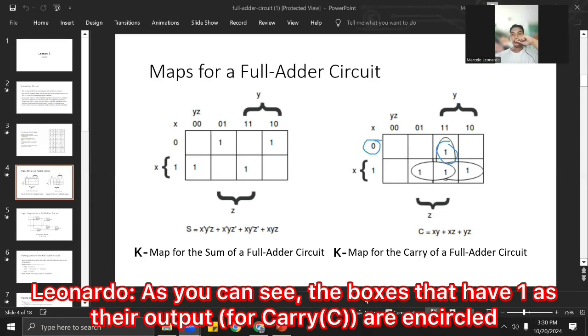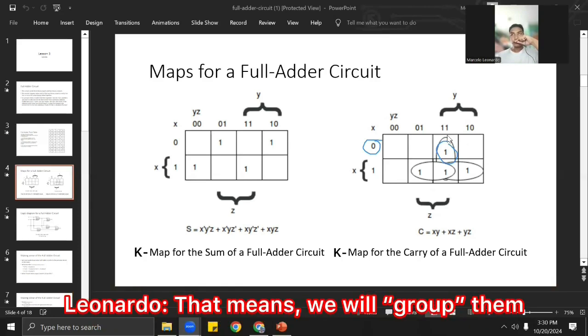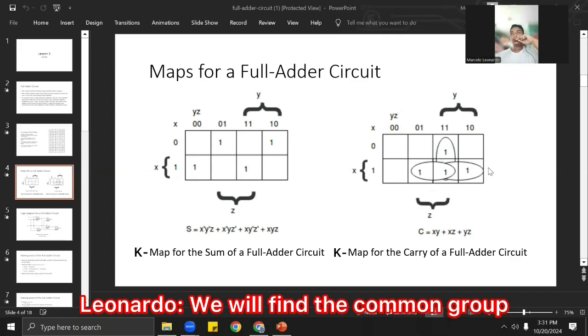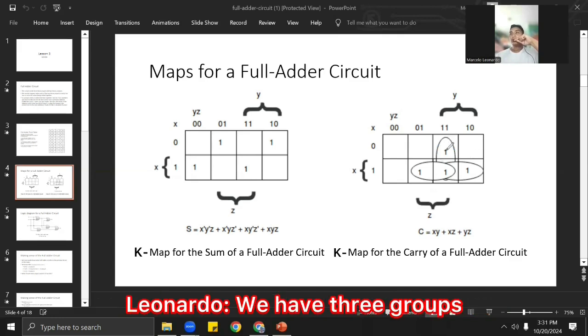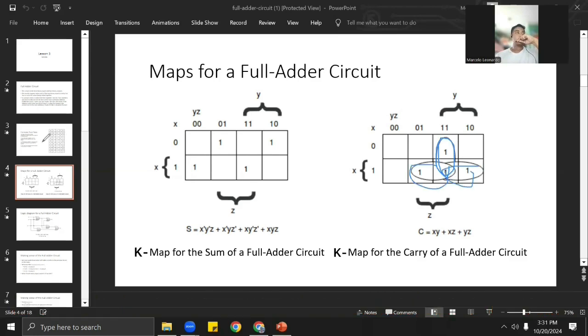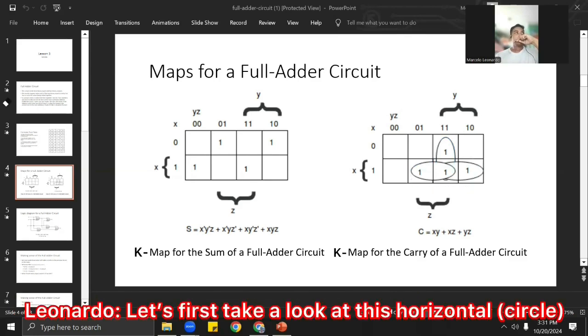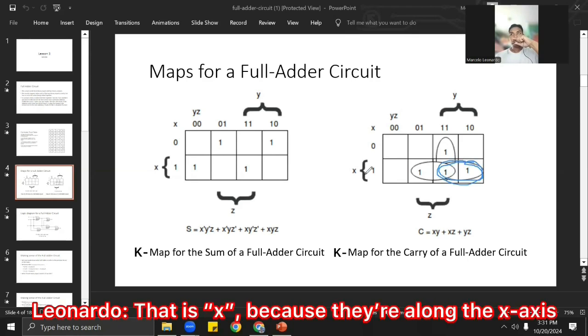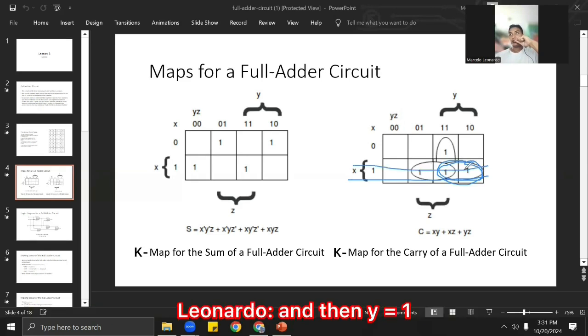Ngayon, as you can see, nakabilog siya. It means, i-group natin siya. We will find the common group. Ngayon, may tatlo tayong group. Isang vertical, dalawang horizontal. Unahin natin ito horizontal. Ano yung common sa kanila? Similar, which is x. Nandito sila sa x-axis, and then yung value is 1. Yung y.